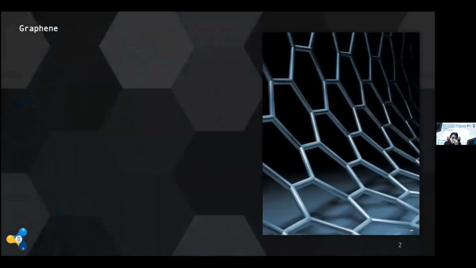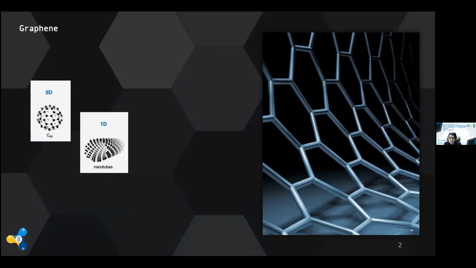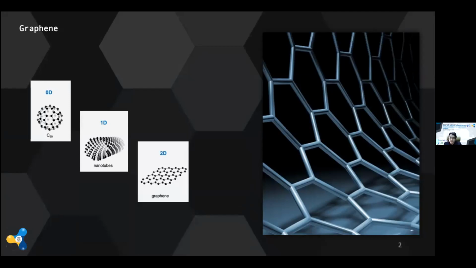Okay, first, what is graphene? Before we go there, we know that for the zero-dimensional structure of carbon nanomaterials, we have carbon-60 or fullerenes. For the one-dimensional structure, we have nanotubes or nanorods. And the graphene we discuss here is a two-dimensional structure of carbon nanomaterials.